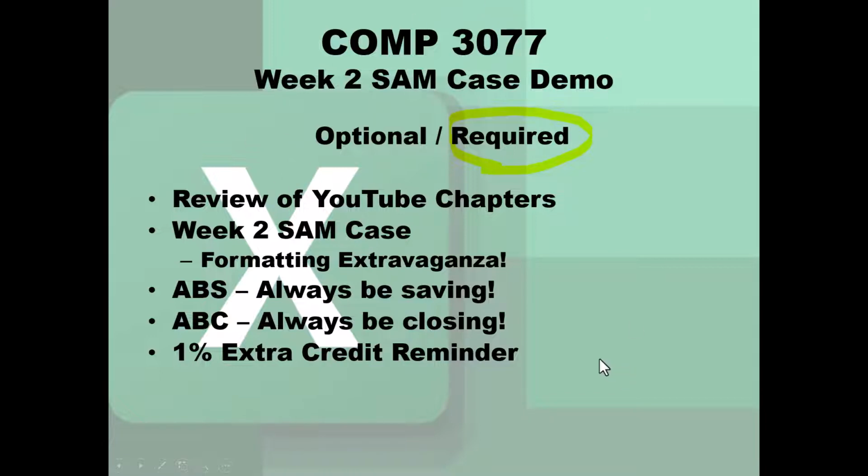And then reminder that you can get 1% extra credit by showing that you've already purchased your SAM Keycode before the end of week 2. I did want to mention something that I neglected to mention in week 1. If you've already taken this course and you purchased the SAM Keycode in the previous semester, this would be fall 2022 or later, because that's the version of this course these videos are for, you can still get the 1% extra credit.